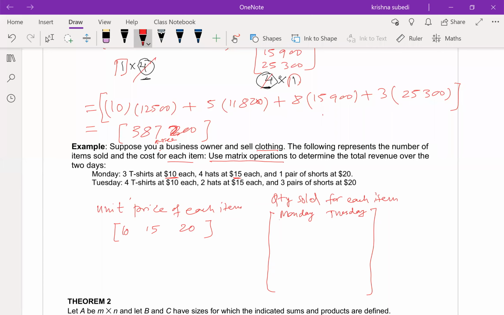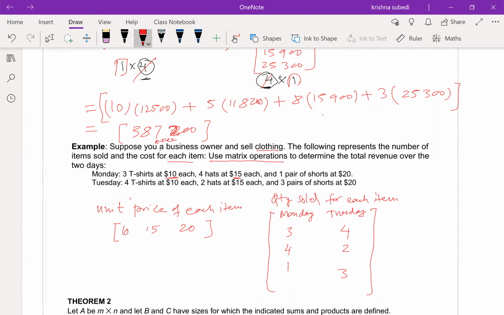Now on Monday, how many were sold? First type 3, second type 4, and the third item is 1. And on Tuesday, 4, 2, and 3.